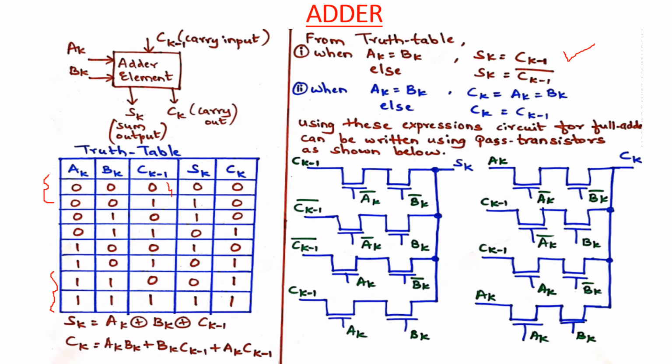You can observe here that sum is exactly equal to carry input when both A and B are equal. If A and B are unequal, then sum is the opposite of carry input. You can observe here for these combinations sum is exactly the opposite of carry input.